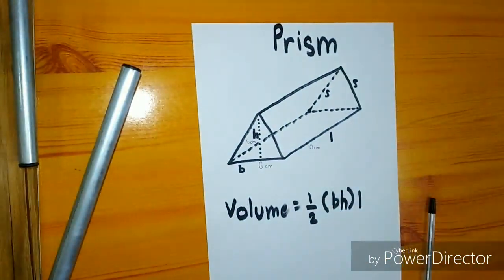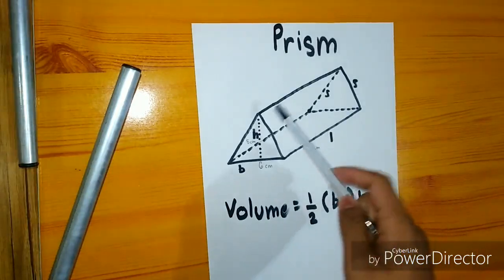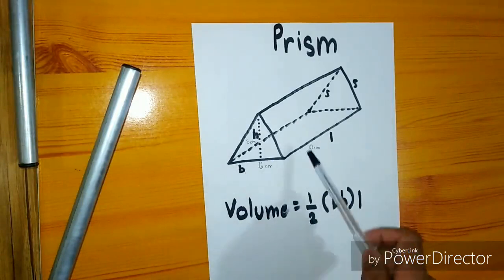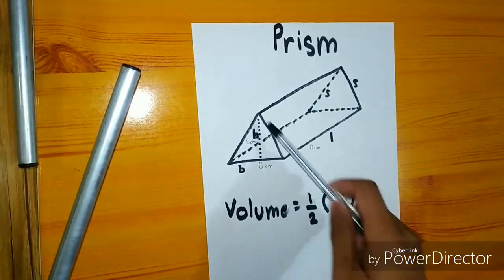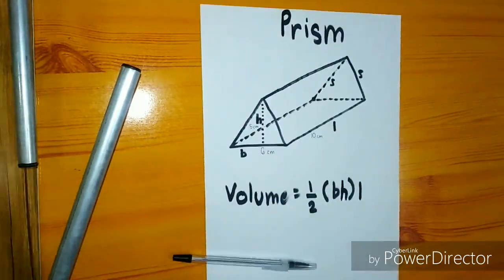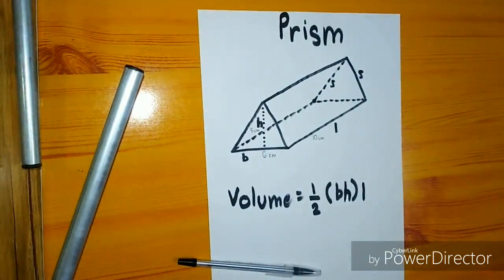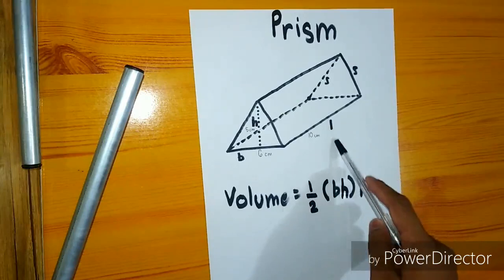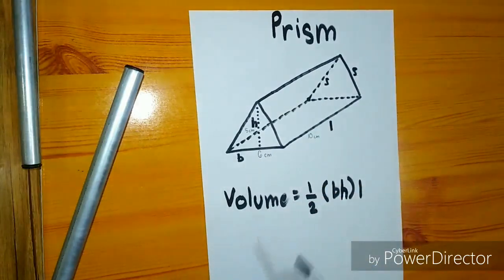Moving on to the next, a prism. A prism is a space figure with two congruent parallel bases that are polygons. In this situation, this prism is called a triangular prism because its base is a triangle. The prism's special characteristics are that it has base, length, sides, and height.